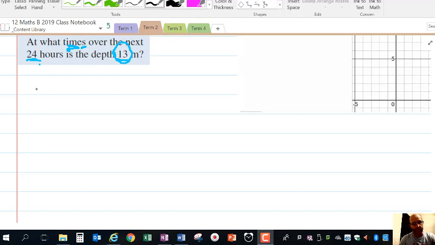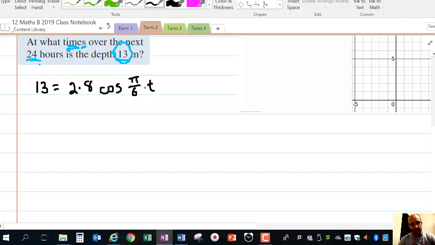So with our equation, we're subbing in 13 for our value for d, because that's what we want to know about. We're going to use substitution and write the equation out. I'm going to put the pi on 6 separate to the t. It's different to how it was written because that's our value for b, which we've seen in previous videos, and there's a plus 11.6. So once we've written the equation down, we can do some rearranging.